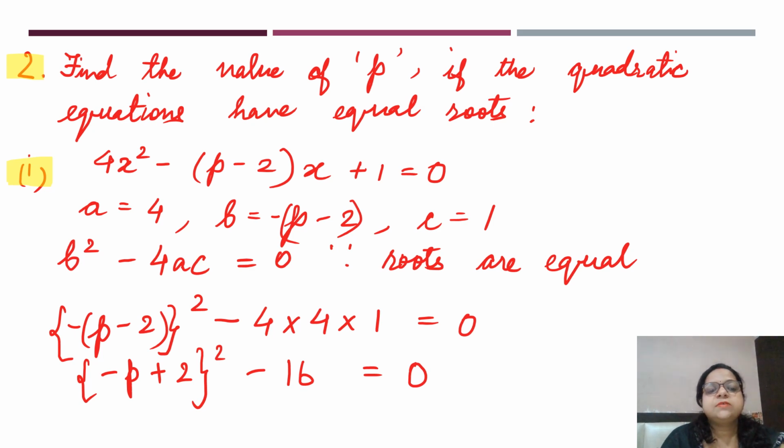Therefore, (minus (p minus 2)) the whole square minus 4 into 4 into 1 is equal to 0. So (minus p plus 2) the whole square, when we open the bracket, we get (minus p plus 2) the whole square minus 16 is equal to 0.